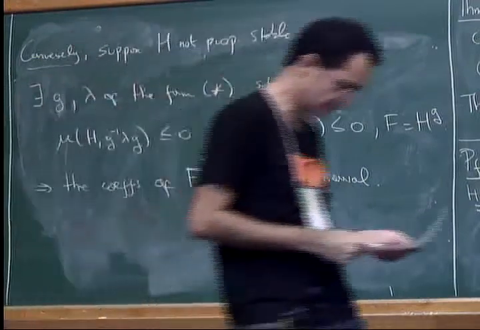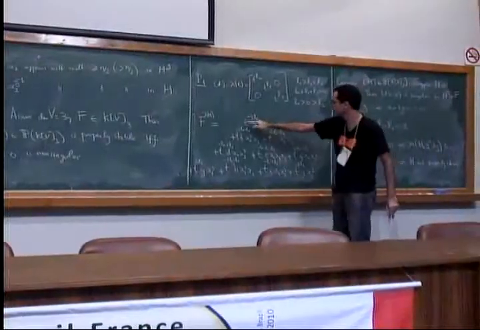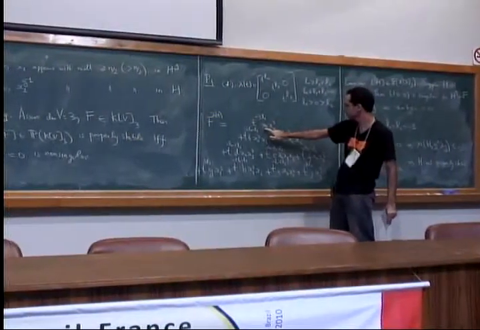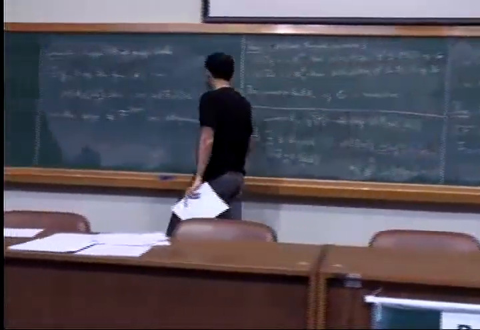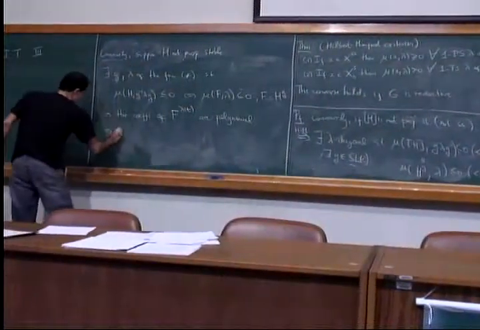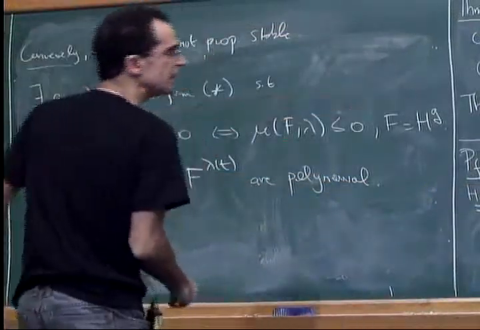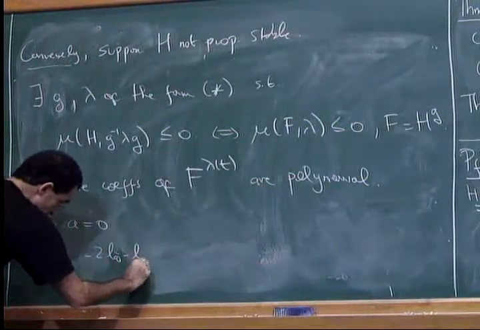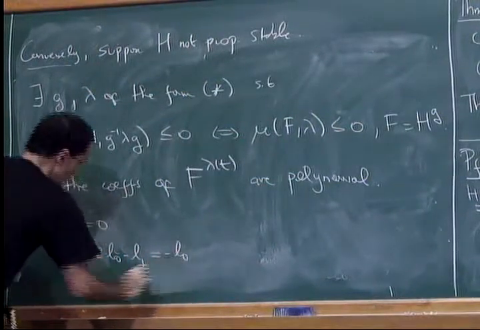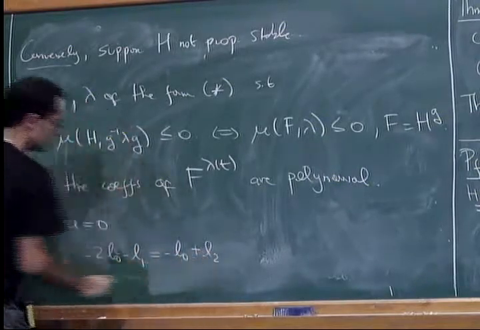So let's see how that can be, right? Because L naught is positive, so this is not polynomial for sure. So I need A equals to 0, right? So the first thing is that I need A equals to 0. Let's look at the power that appears next to B. It's minus 2 L naught minus L1, but minus L naught minus L1 is plus L2, right?